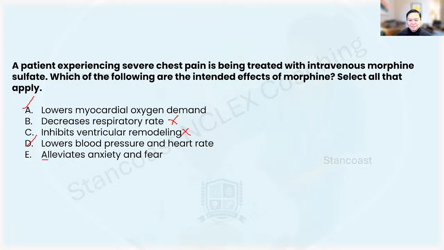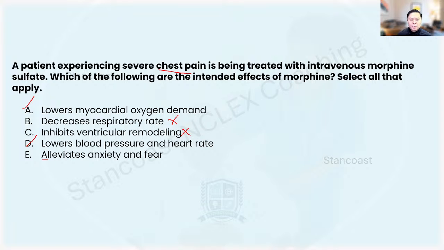Yeah, actually that is one of the therapeutic effects of the morphine sulfate for chest pain. It will reduce the anxiety, it will reduce the fear, and it can significantly decrease the chest pain. With that, it will also cause a drop in the oxygen demand. It can also reduce the blood pressure. It will reduce the heart rate.